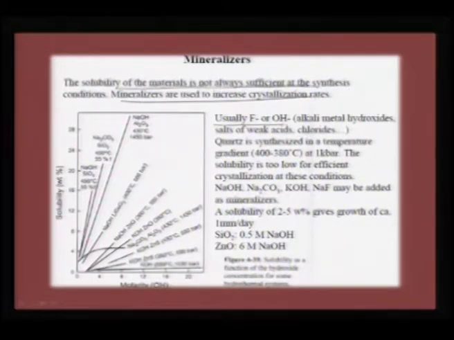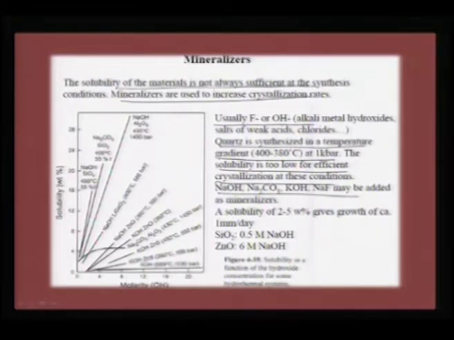The best examples of such mineralizers are some alkali fluorides or alkali metal hydroxides, which can do the job. For example, quartz is synthesized in a temperature gradient at 1 kilobar. The solubility is too low for efficient crystallization. As a result, several mineralizers are added to improve on the solubility of SiO2.